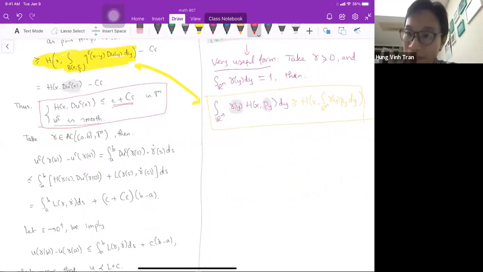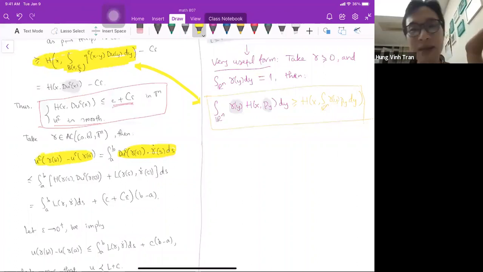Earlier I was afraid to use the chain rule, because Du can jump, so I'm not sure what I'm doing is right. You see I have this term here I'm highlighting, Du^epsilon(gamma(s)) dotted with gamma dot(s). If Du is only measurable, then I have to be very careful with what I write down. Actually, I might not have the chain rule. But u^epsilon is smooth, so I can just use the normal chain rule. I'm writing it down like that.